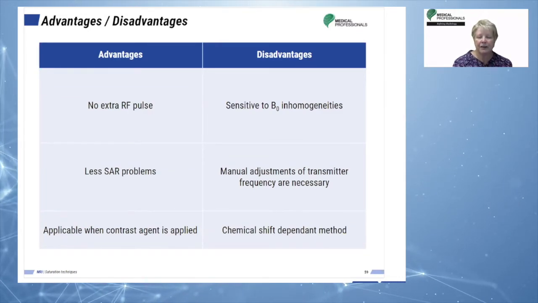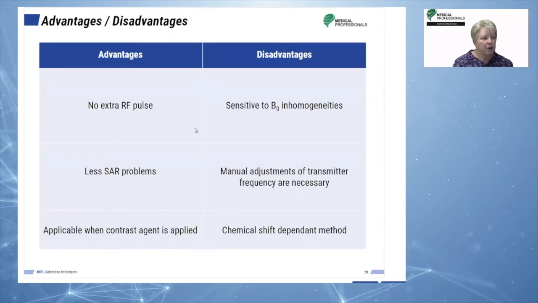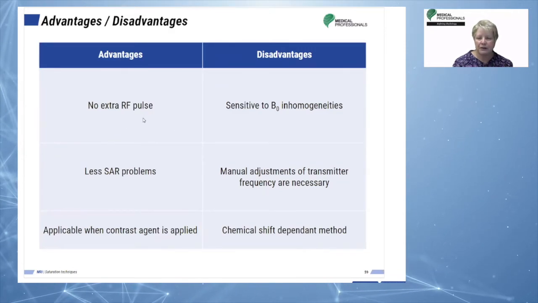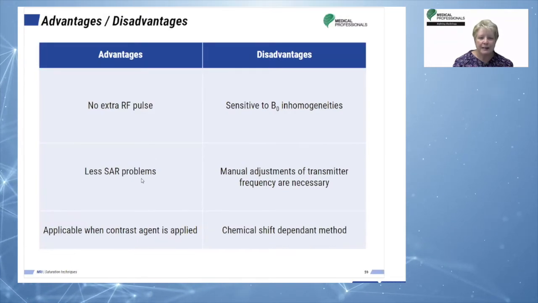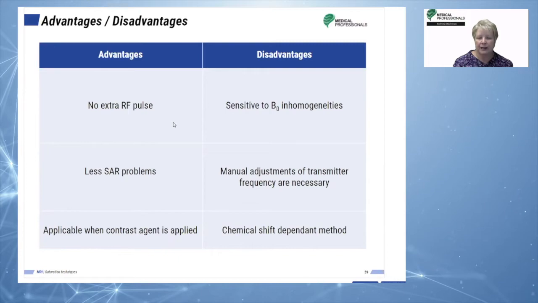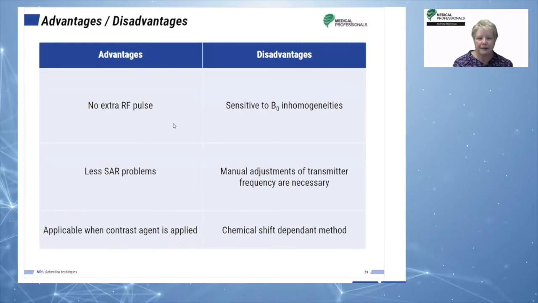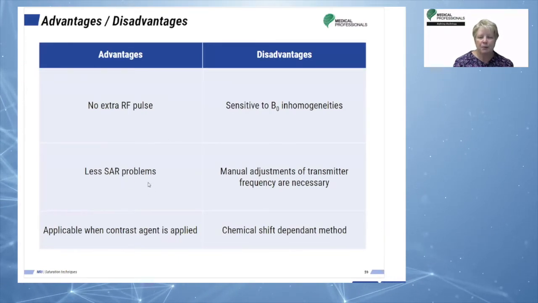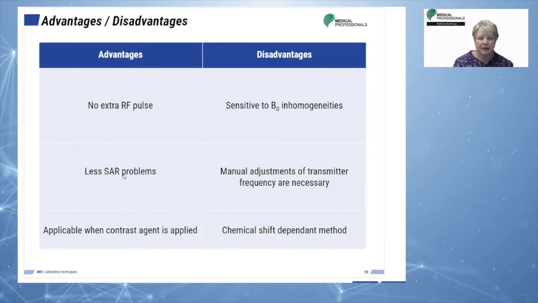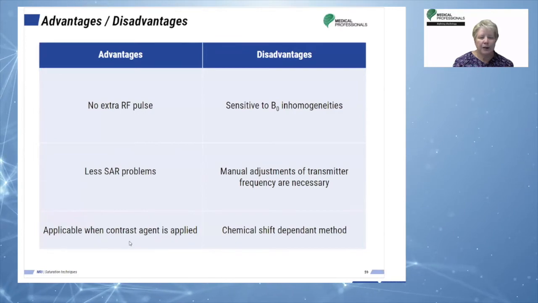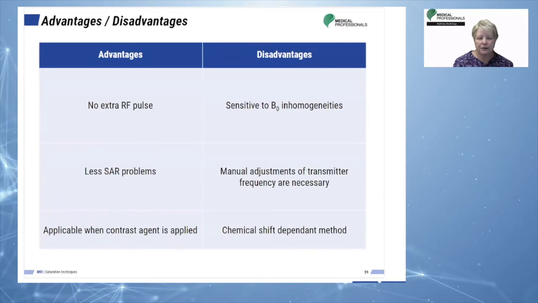Advantages of this technique are that they require no extra RF pulse and no spoiler gradients. Results in less TR time, less acquisition time increases, less problems with SAR because there's no extra RF pulses. And it's good when contrast media is used.